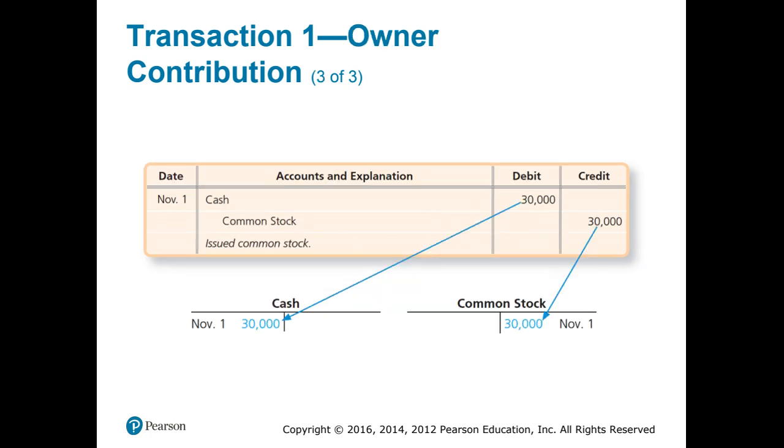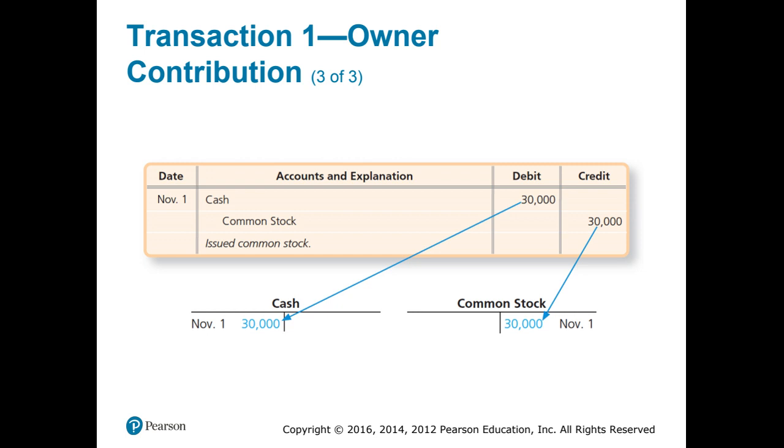All right. So we have our journal entry, and now we're going to look at our T accounts. We've written out our journal entry here. So we know that the 2 accounts affected are cash and common stock. So we're going to look at our cash T account and our common stock T account. We're going to debit our cash T account by 30,000, and that happened on November 1st.